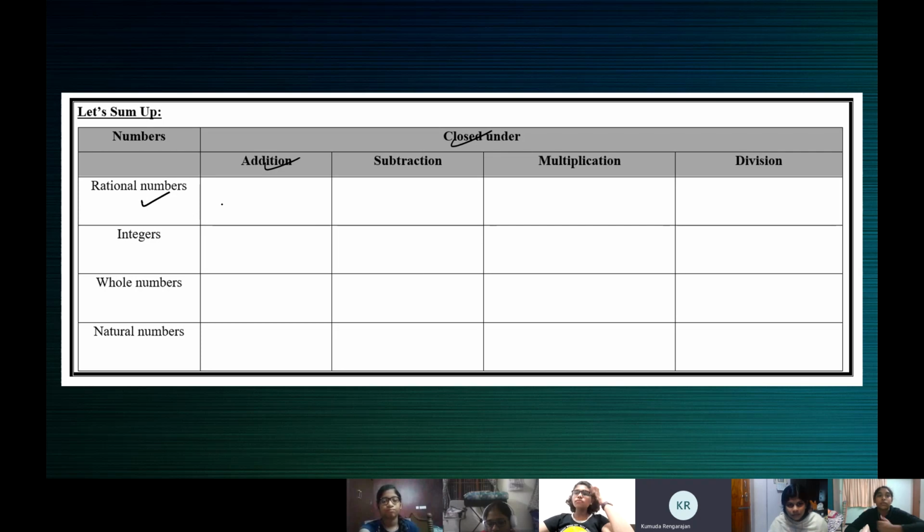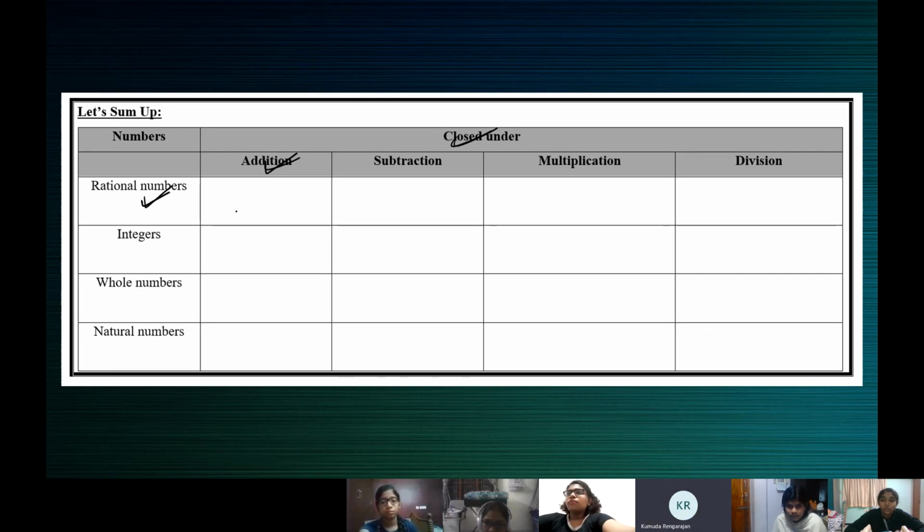Who can say? What do we mean when we say that rational numbers are closed under addition? Yes, Swati? Ma'am, when we add any two rational numbers, the result is also a rational number. So we say that it's closed under addition.